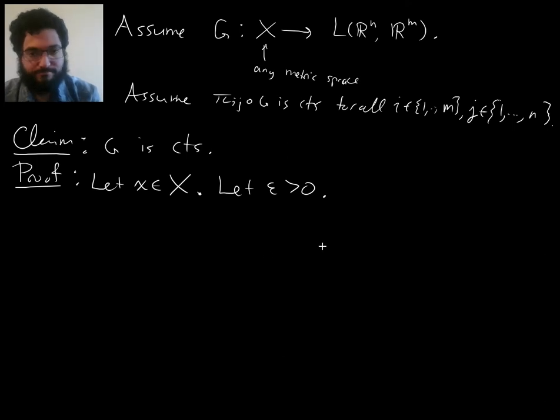Okay, now let's think about what it is we need. Let me go into scratchwork mode for a bit, and I will delete whatever I write down here in a moment.